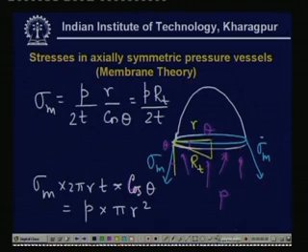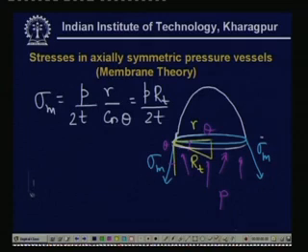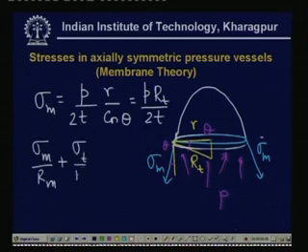Now, if you combine this again with the other form, then what we get is that sigma m by r m plus sigma t by r t is P by t. So, therefore, sigma m is given here.